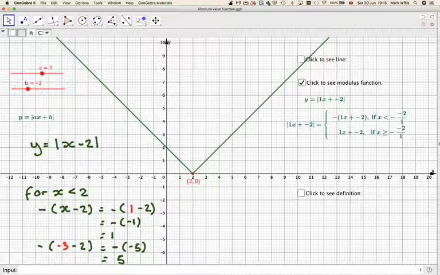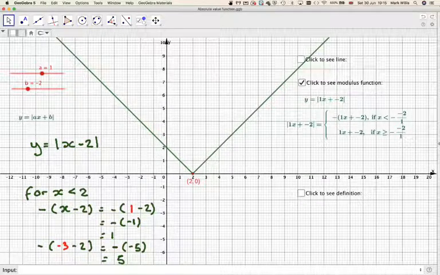So that's what you have to do when you're solving an equation using this, for example. You have to find the critical value, whatever makes this bit equal to 0. Then for values less than that value, you have to put a minus in front of all of it, the whole brackets, and then solve it.